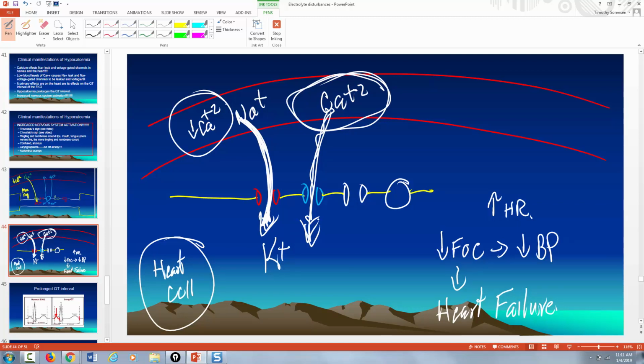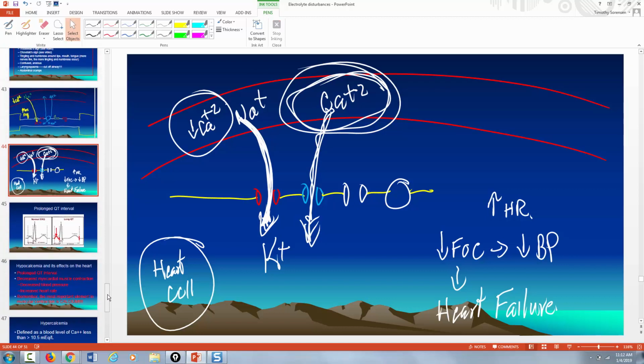So the nervous system becomes more irritable, right? Seizures, convulsions, muscle spasms, tetany, and the heart becomes weaker because there's less calcium available to contract. All right?